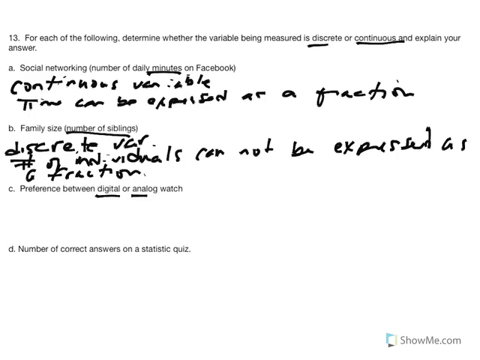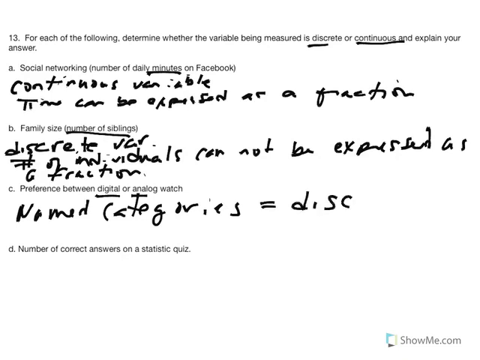It's not numeric, so this one's quite easy once you recognize that you're working with word categories, that it doesn't allow you to even think of continuous as an option. So because it's named categories, we're working with named categories, right? Digital or analog, in named categories equals discrete.